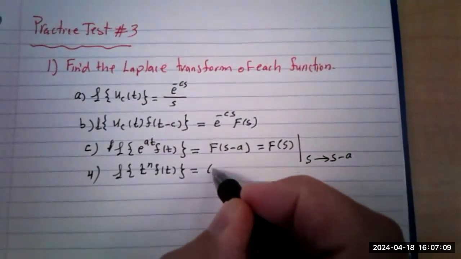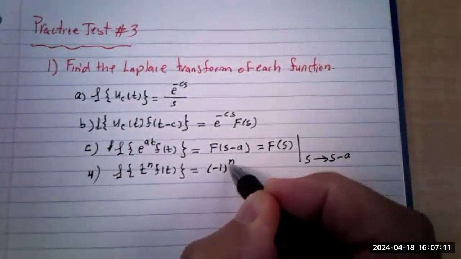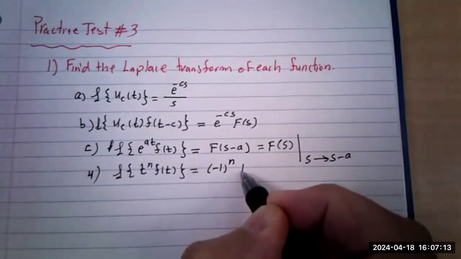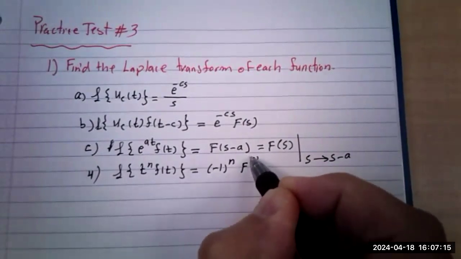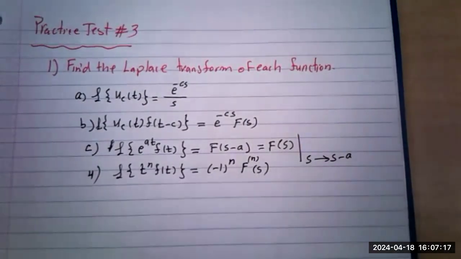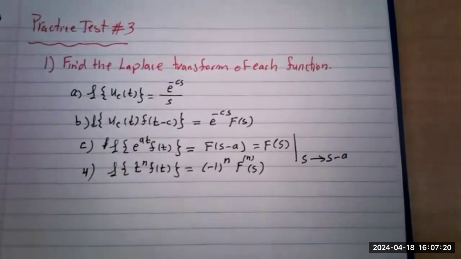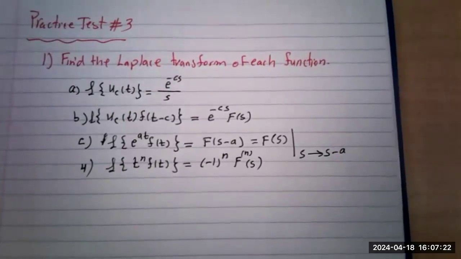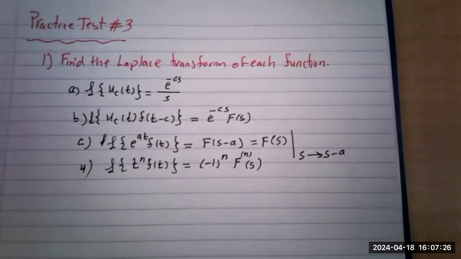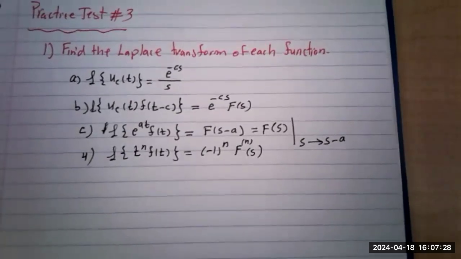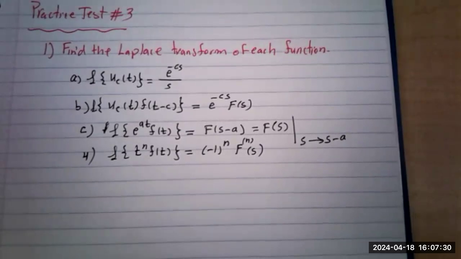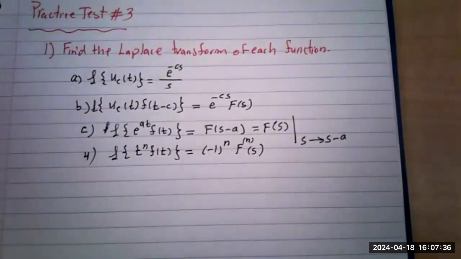So this is going to be negative 1 to the n, then the nth derivative of F. So that's the collection of formulas that you need to apply in order to find the Laplace transform for this question. We give you 1 or 2 questions on these. Of course, you are going to use them when you get to solving differential equations. Make sure you have the tools.